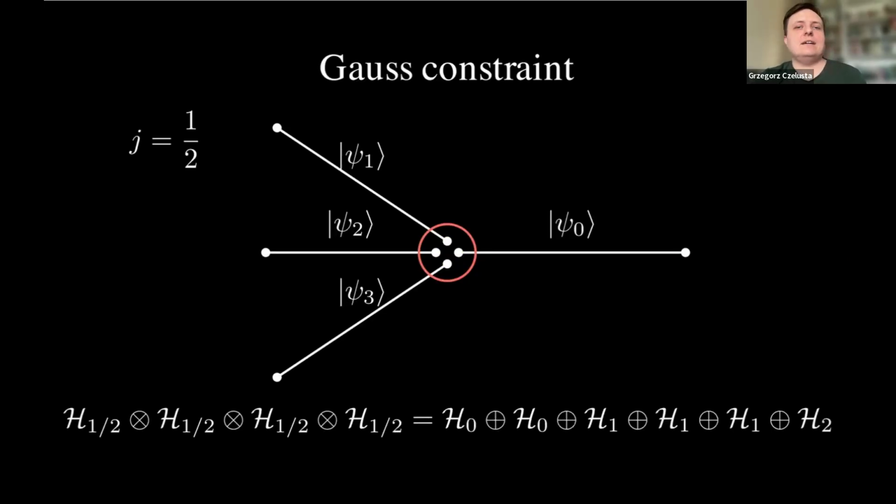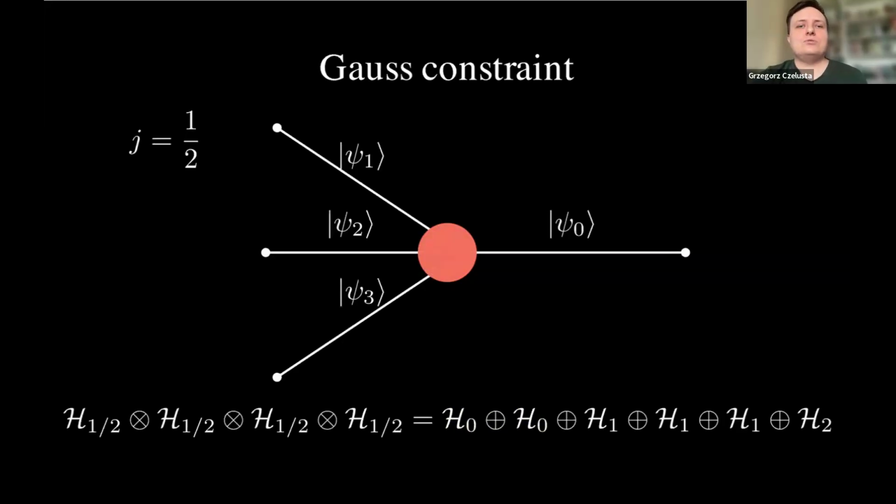And imposing the Gauss constraint means selecting the SU2 invariant part of this space. So it means that we choose only the spin 0 subspace. And we see that there are 2 spin 0 subspaces. So it means that the state of the 4 spins at the vertex is, after projection onto this spin 0 subspace, a state living in a 2-dimensional space.